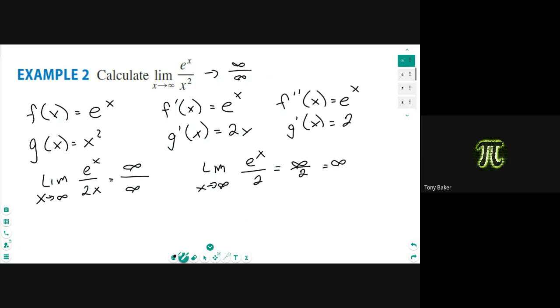But it would have started off as infinity over infinity. So that's why you can't say infinity over infinity is like 1, we don't know that. It could technically be any of those situations. So we actually have to figure out some other methods to be able to break it down and solve it. So you can do L'Hopital's rule more than once.